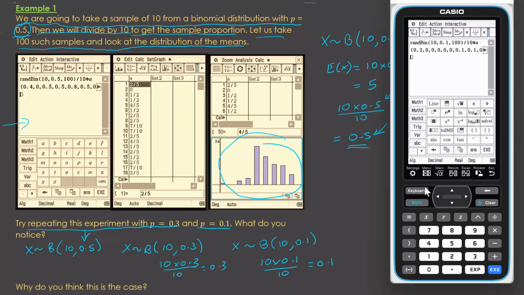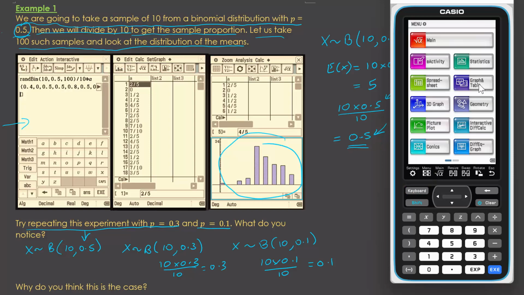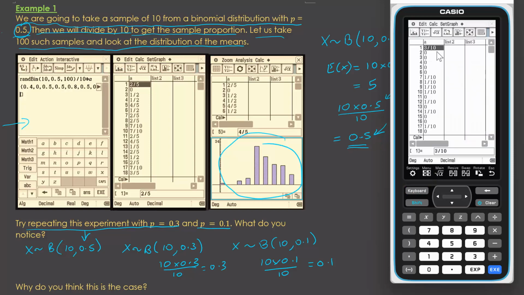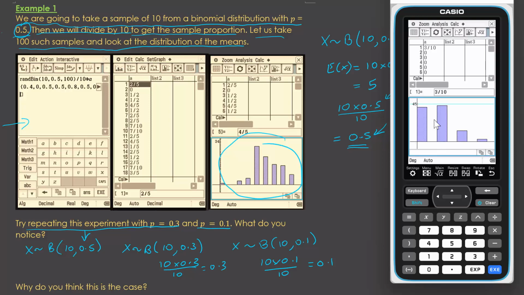So let's go into here. There's a lot of zeros here. And let's make this one 0.05. See what happens. There's a lot at this end, not very much over here.